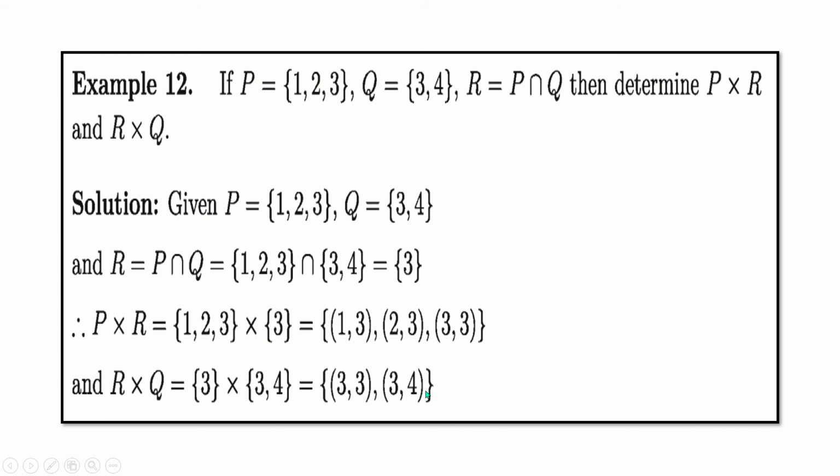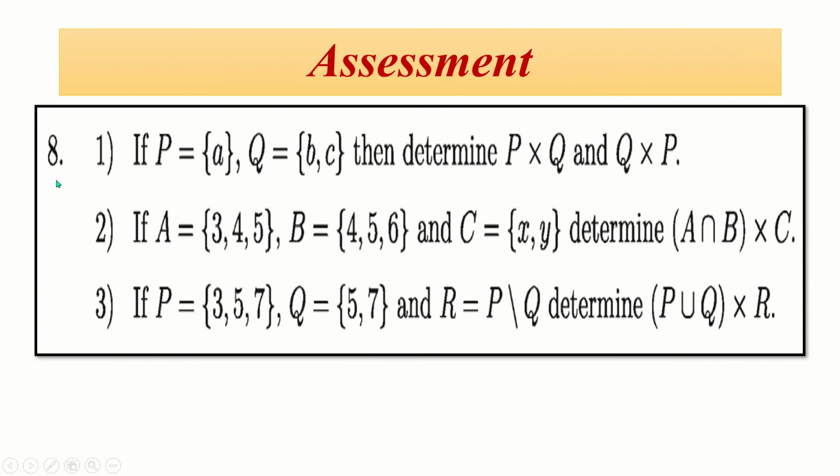Clear everyone? That is very easy, and following this you can easily solve number 8 in your book, 1, 2 and 3, the same. Here we can write the answer directly. That means A × C, B × C is equal to PQ, and QP means B × A, C × A. This is the required answer.